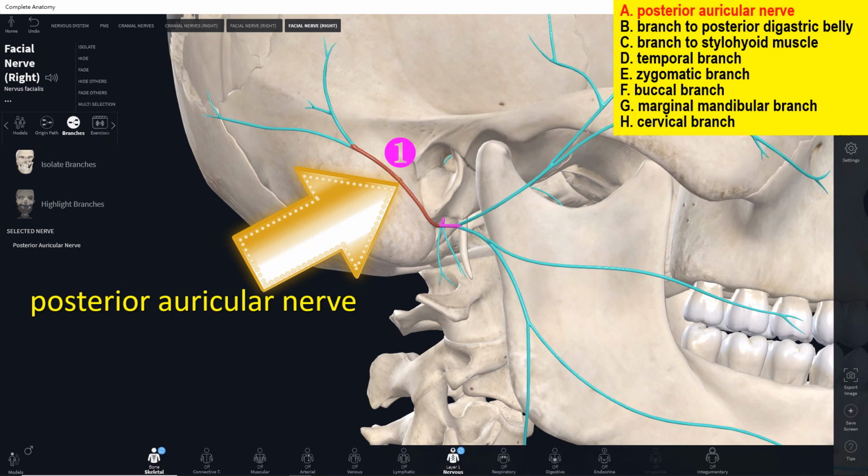When we press the temporal bone back in position, after the facial nerve exits the stylomastoid foramen, the main trunk represented by the pink color still curves slightly forward. Just before the curve, we can see the dark red colored nerve branching posteriorly. This branch is known as the A, posterior auricular nerve.